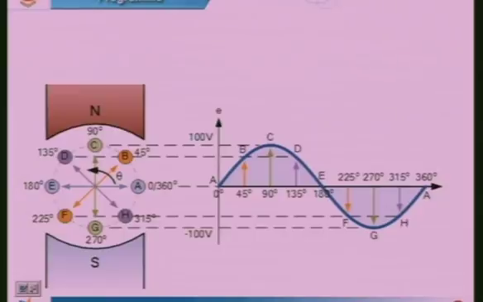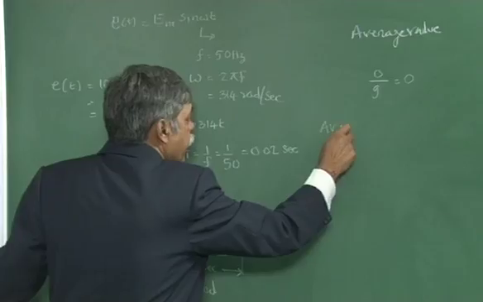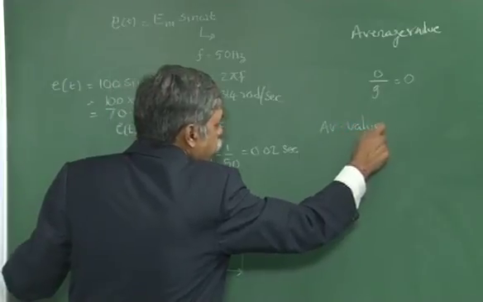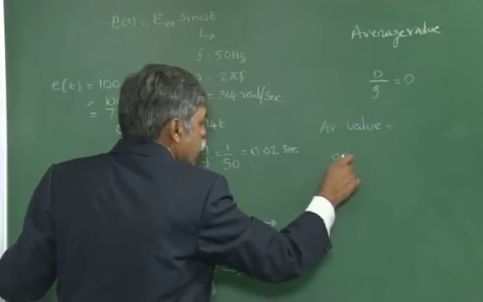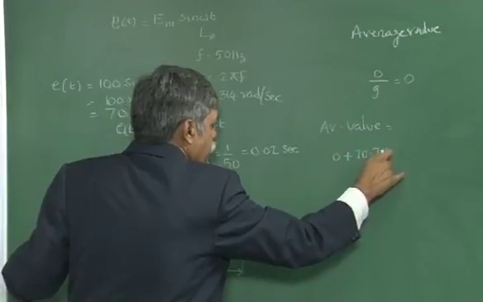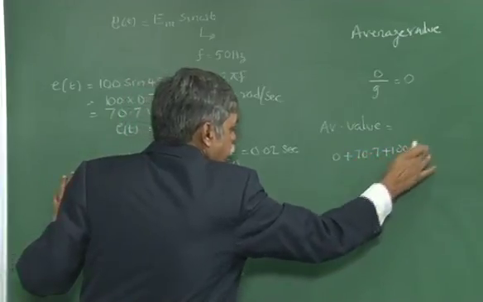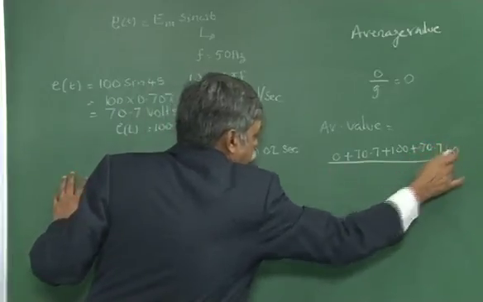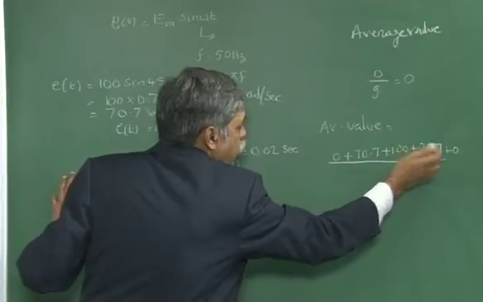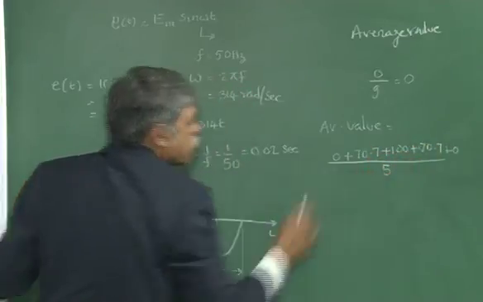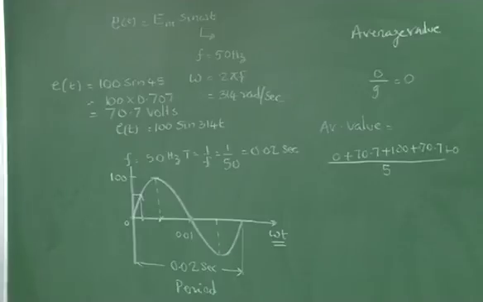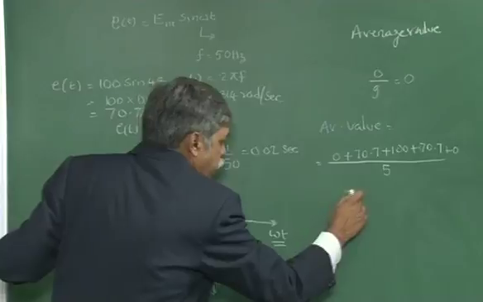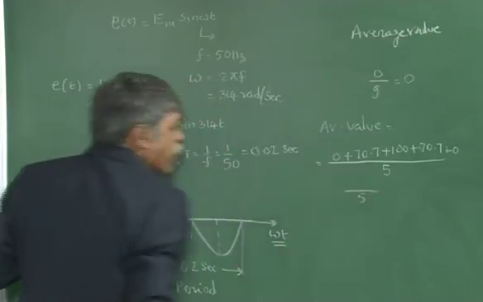So, if you take the average value over a positive half cycle, the average value will be given by 0 plus 70.7 plus 100 plus 70.7 plus 0, divided by 5 samples, like this we have. So, the sum in the numerator divided by the denominator will give us an average value.